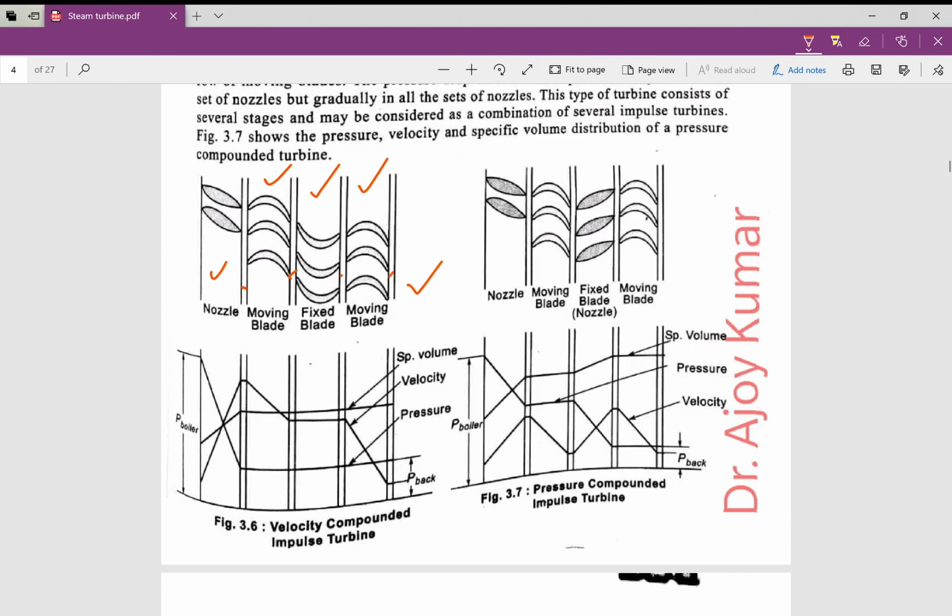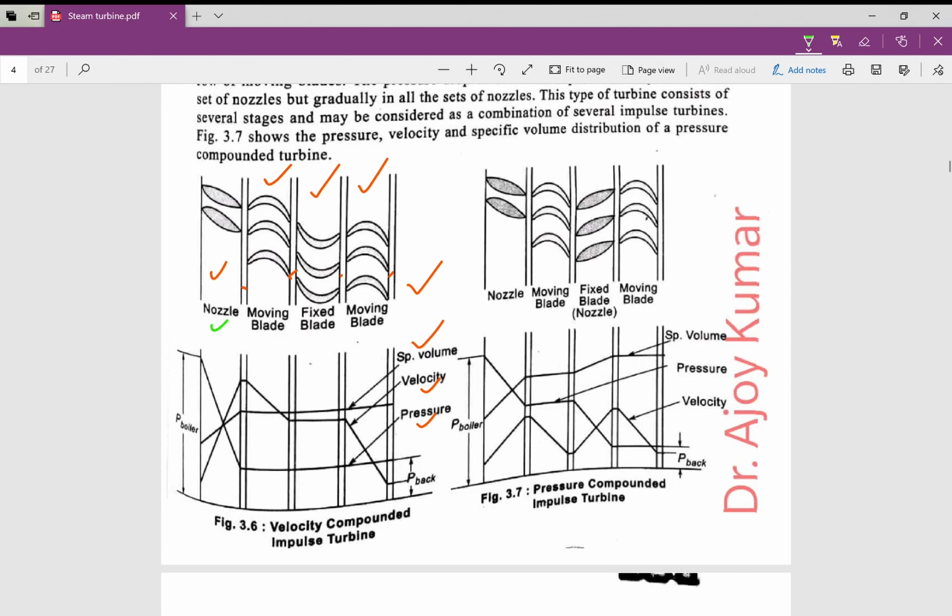While drawing this arrangement, it is at the same time very important for all of us to mention the variation of velocity and pressure of steam and even specific volume as well. So let us start with variation of pressure. Variation of pressure is this much.